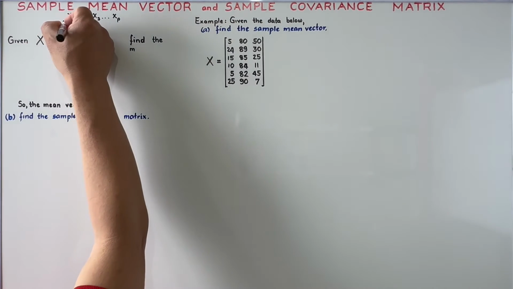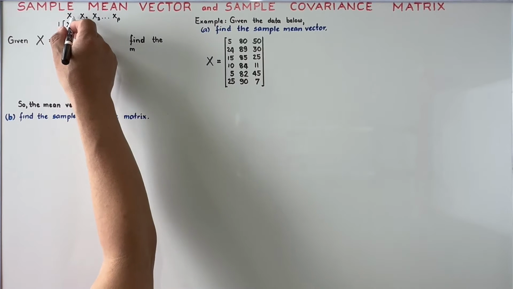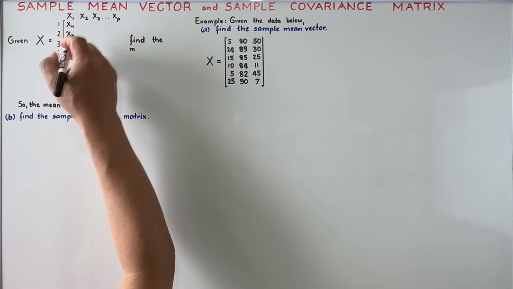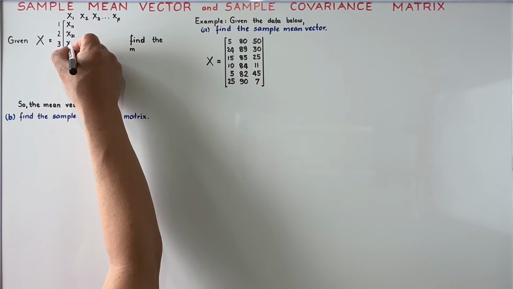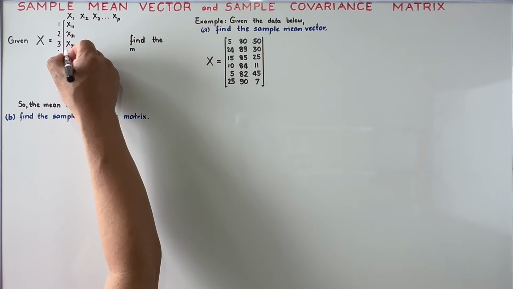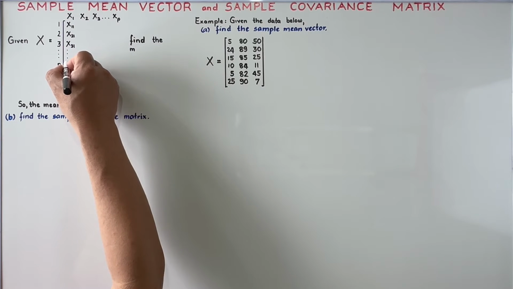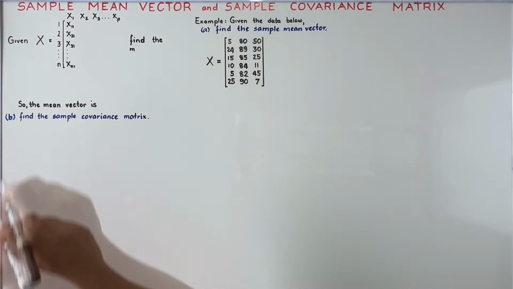So the first data element is the data point x sub 1,1, meaning this is the first observation for the first variable. We have x 2,1, meaning the second observation for the first variable. We have also x sub 3,1, the third observation for the first variable, and so on until you reach the last observation n for this first variable.